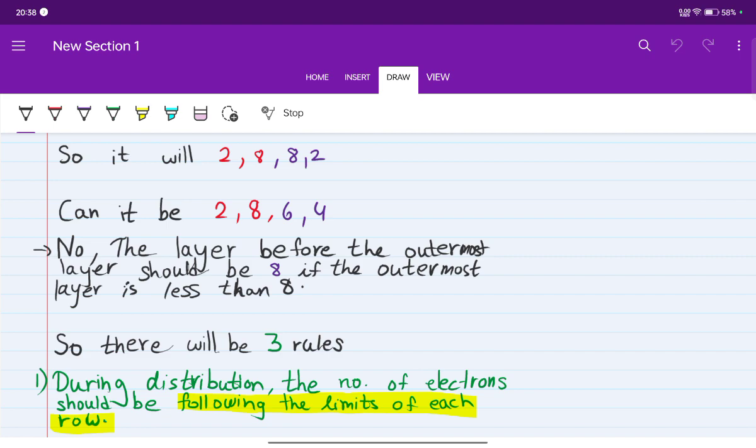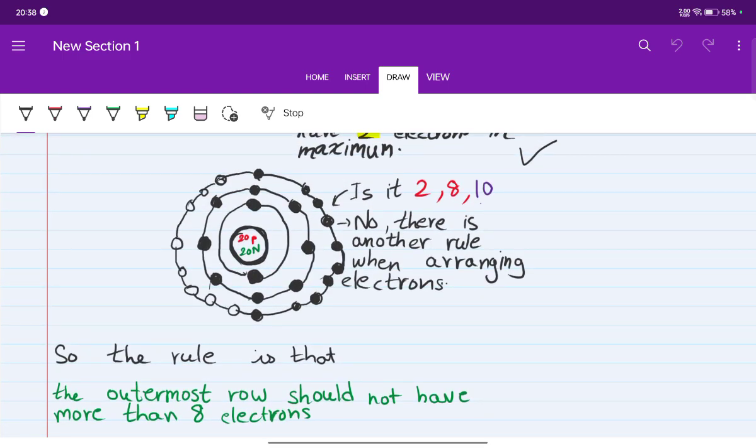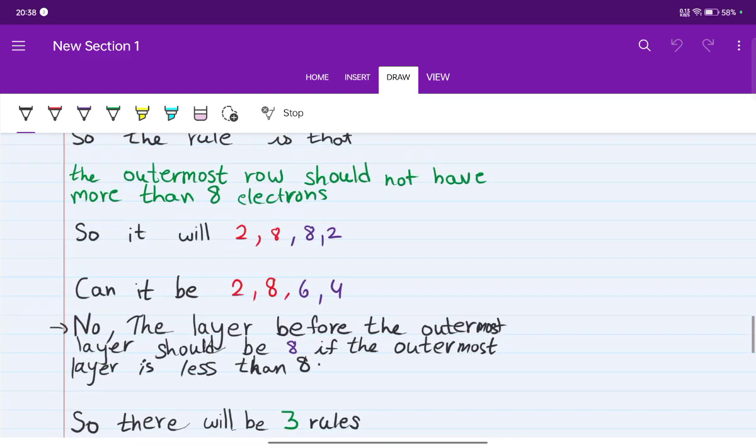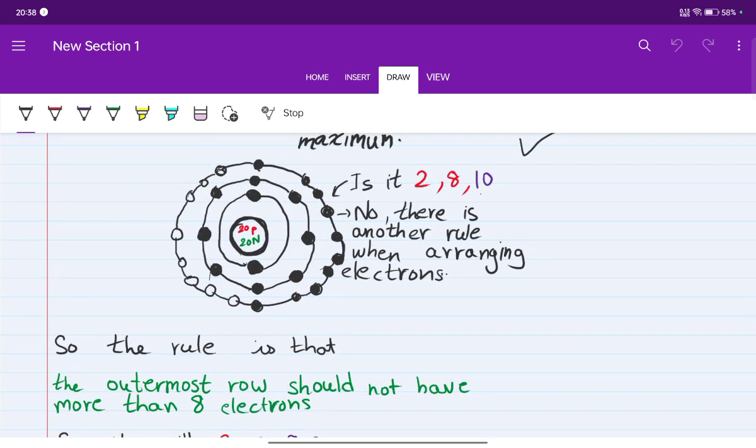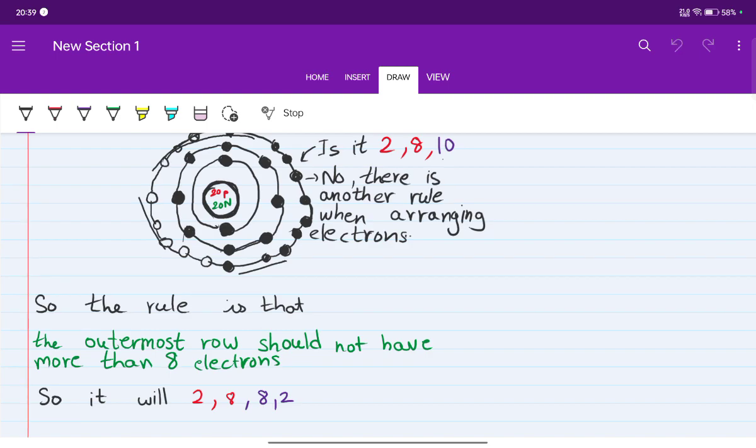We can only follow this rule when the outermost layer is less than 8. So there should always be 8 electrons in the layer before the outermost one when following this rule.